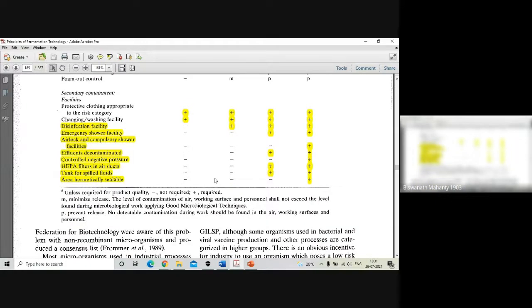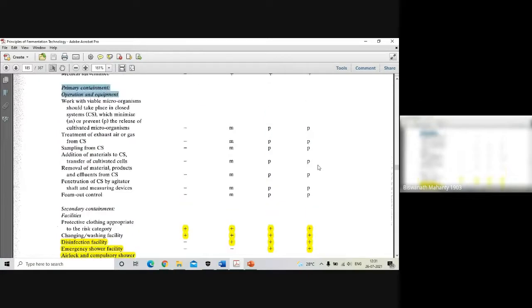The difference is only in minimizing some release. That's why I am going to minimize and prevent, because in many cases, level 2 and 3 are more pathogenic. So I have to prevent this. What do I have to prevent? I have to prevent release of the microorganism.